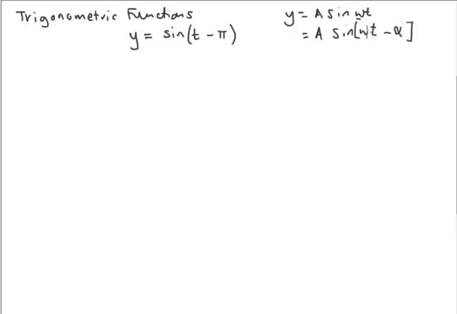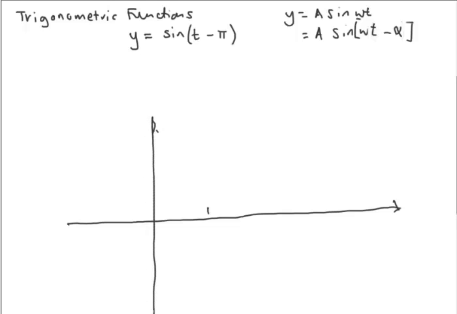So we notice that omega in this case is 1, and pi is our alpha. We want to see what's going to happen. Let's give our horizontal axis there, and then let's have our vertical. And then we've got pi, 2, 3, 4.